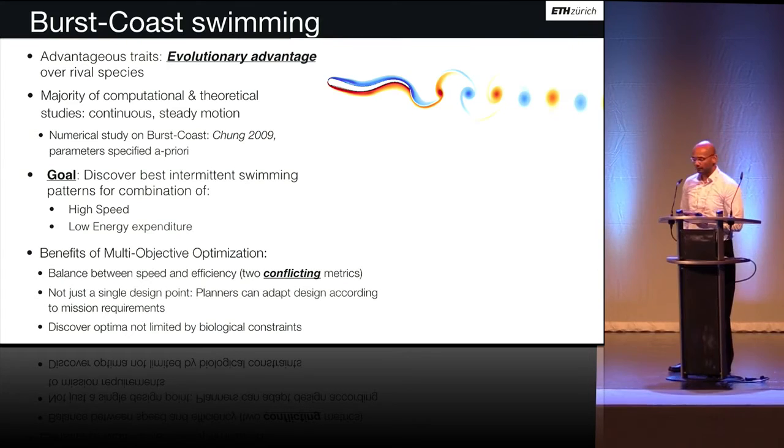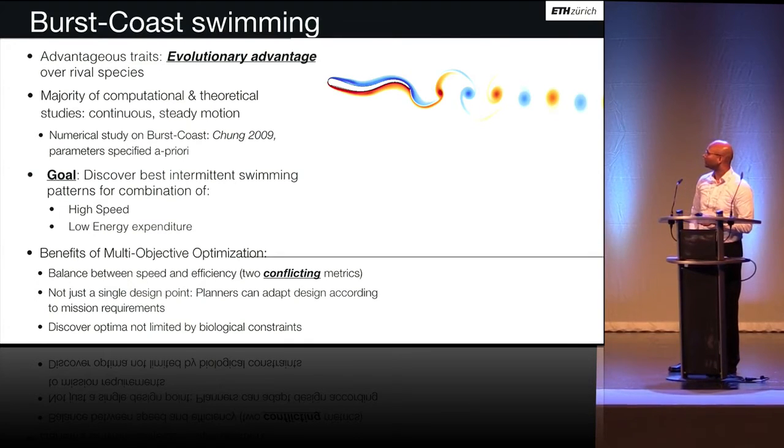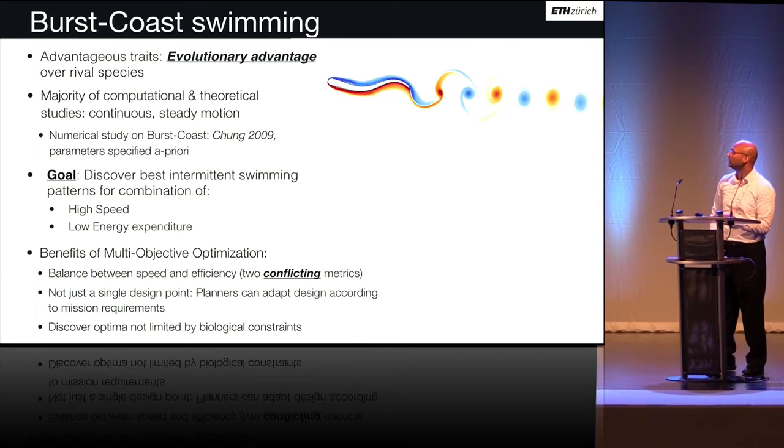All right, so we will go about doing this with the help of multi-objective optimization. And it's very useful, especially when considering two conflicting metrics, which is the case here for us. If we swim with high speed, it's very likely we won't be very efficient. And the advantage of multi-objective optimization is we don't get a single answer. We get a set of answers.